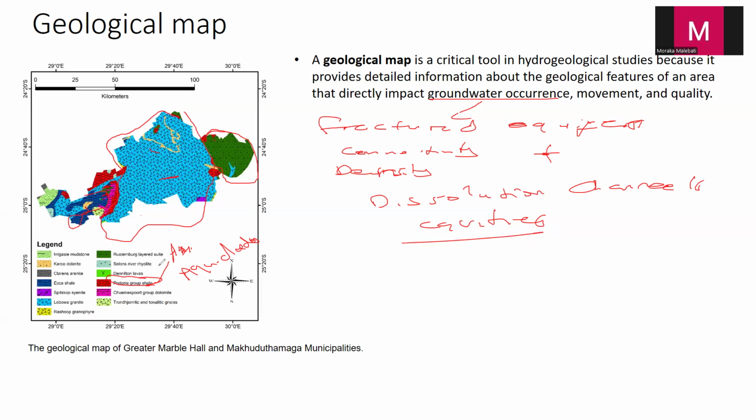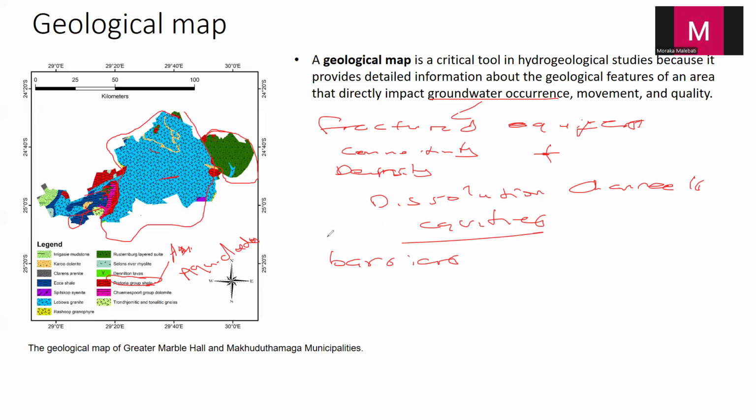So for shales, or these aquicludes, in terms of groundwater occurrence, they act as barriers for groundwater flow.